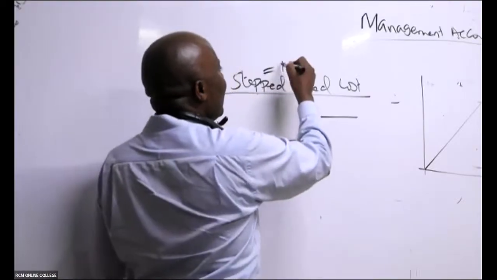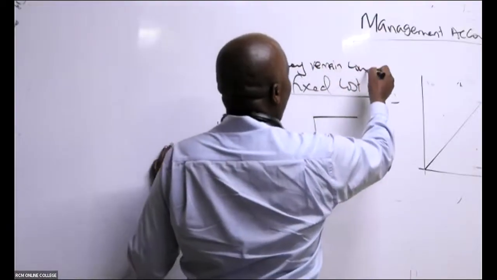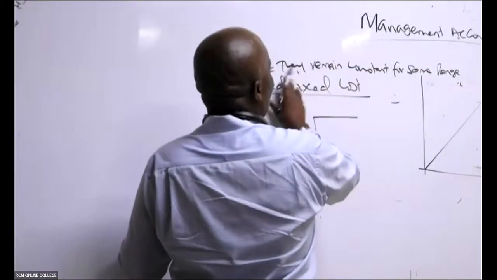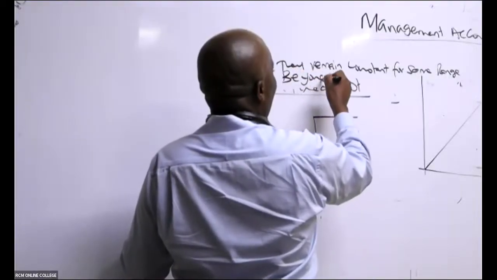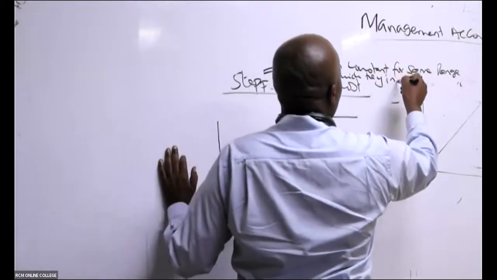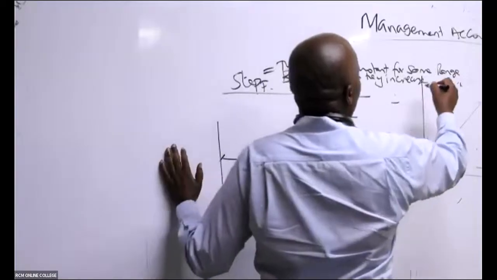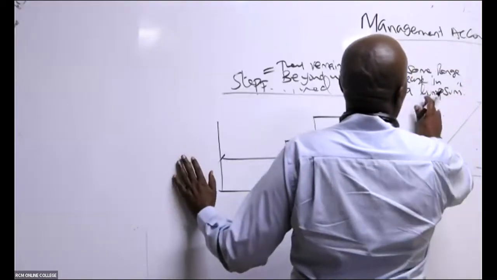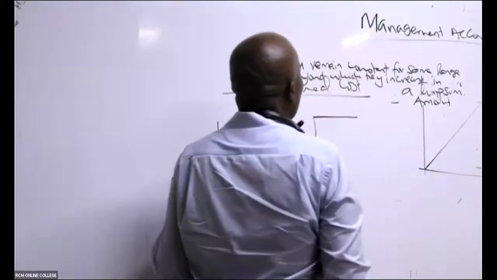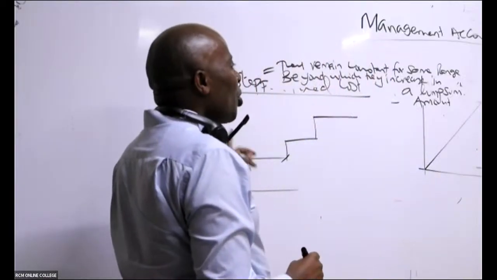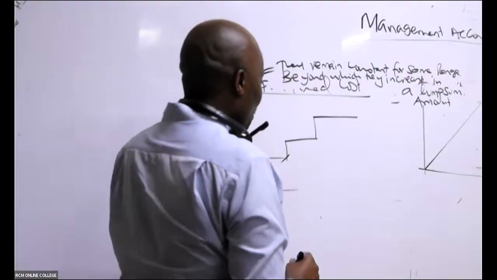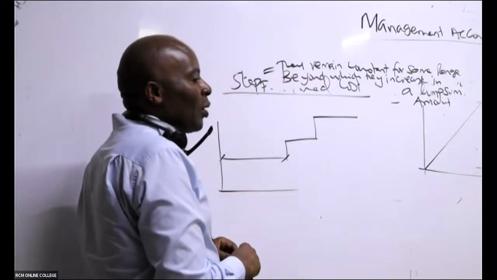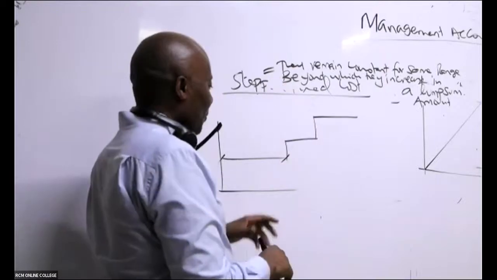So stepped fixed costs remain constant for some range beyond which they increase in a lump sum amount. So the lump sum is the step.